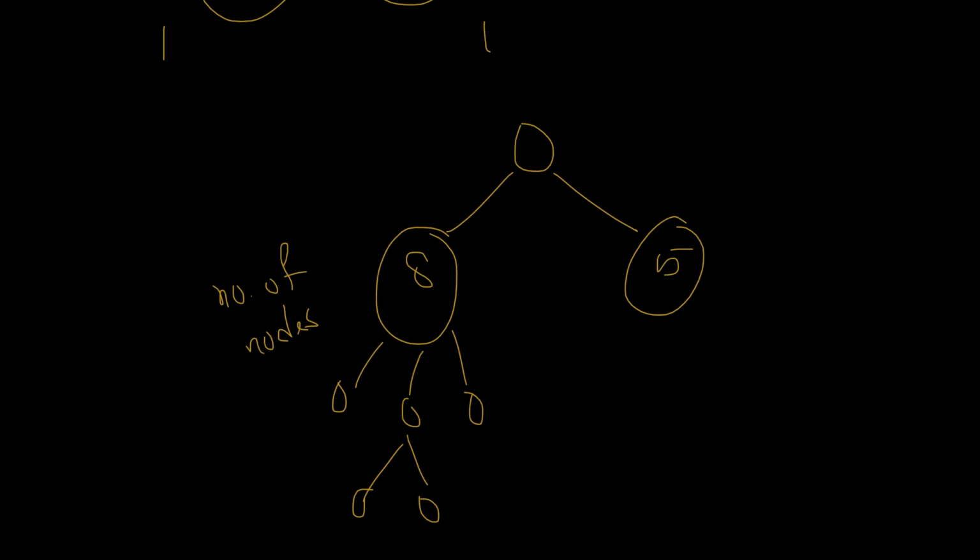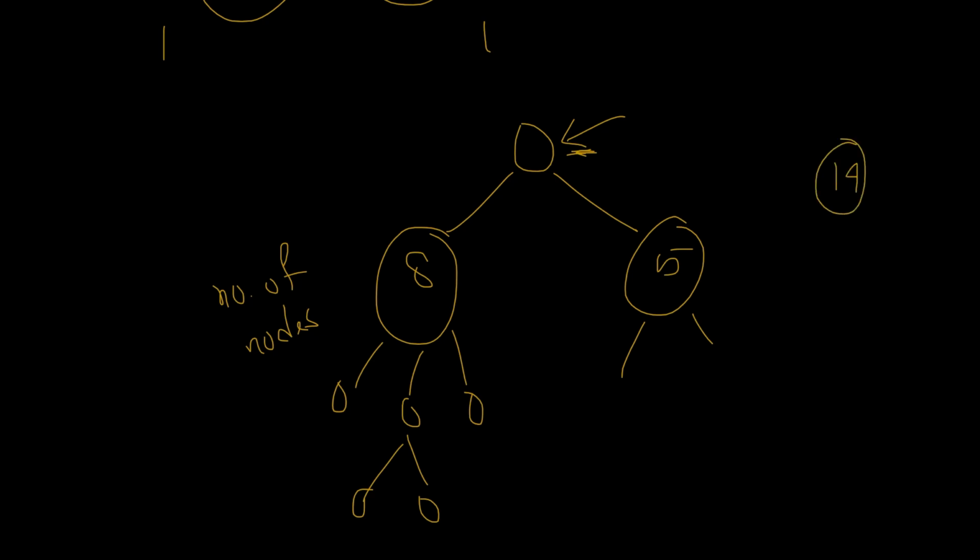So if there are 8 nodes in the left side and 5 nodes in the right side, now I can arrange the numbers in such a way that the value in the permutation here always lies in the middle. How many nodes are there in total? 8 plus 5 plus 1. So in total 14 nodes are there.